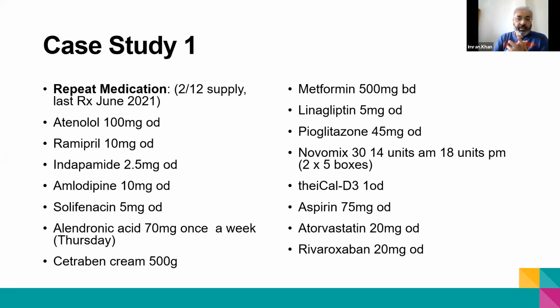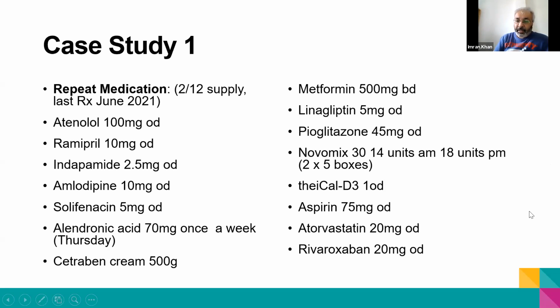So what are they on? On their repeat, they last had a 2-month supply. The prescriptions were issued in June 21, so just last month. They're on the Tamil 100 milligrams, ramipril, max dose, indapamide, amlodipine, solifenacin, alendronic acid once a week, Cetraben cream, metformin, linagliptin, pioglitazone, max dose.